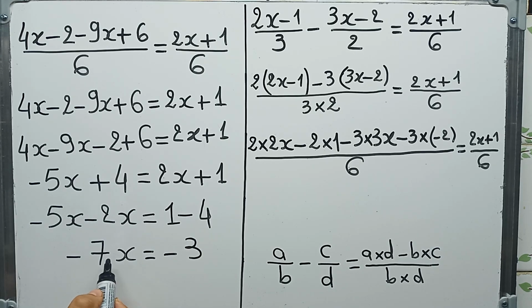Finally, we undo our multiplication here by dividing by minus 7, and it's like going to the other side. x equals, this minus 3 stays here, and minus 7 goes to the other side. Since here there is multiplication, it will be division, undoing multiplication with division.